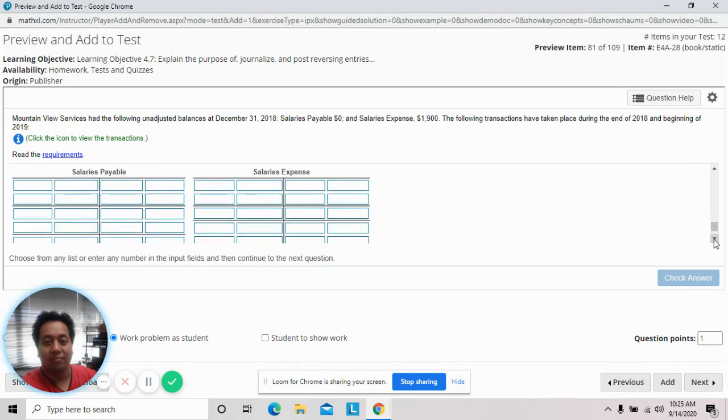So now I'm down here for my T accounts. In this case, for requirement 1 and 3, unadjusted balance of 0. Start with that. I make an adjustment of 8,000.